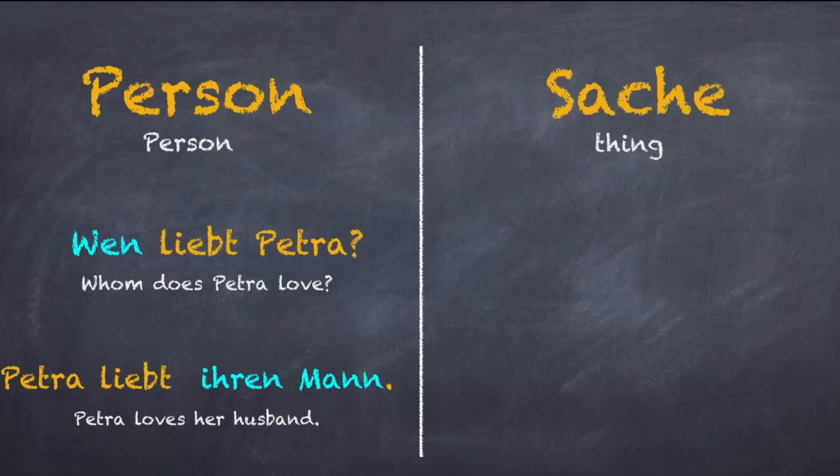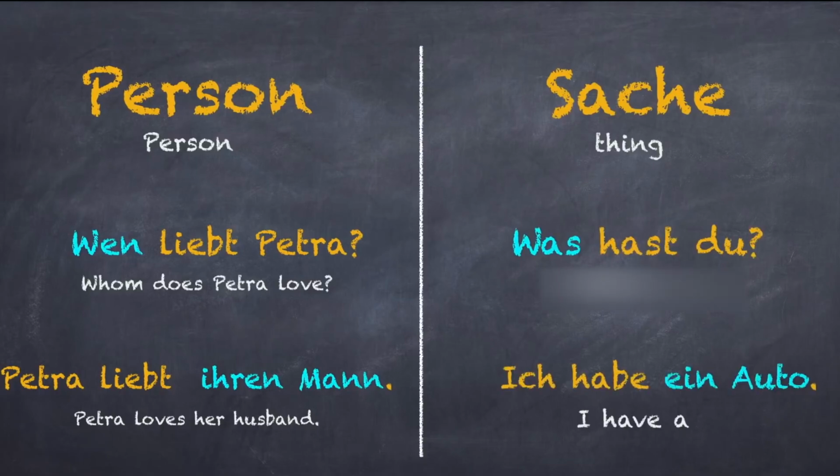Coming to the next one. Was hast du? Ich habe ein Auto. So in this case, when my accusative object is a thing, my question will be was.